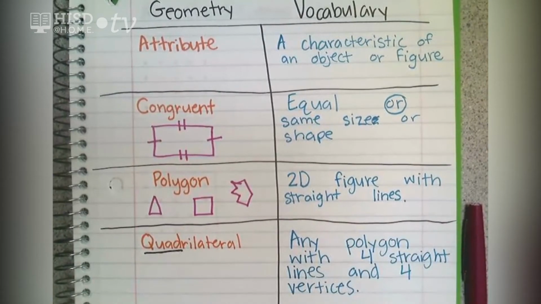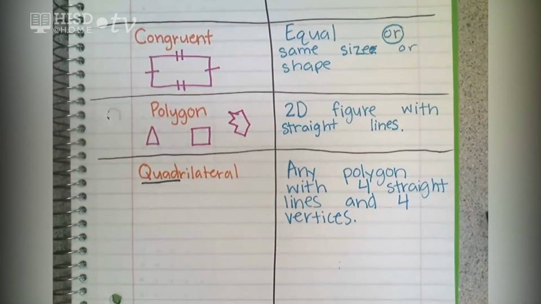So some examples might be anything that has four straight lines and four vertices.